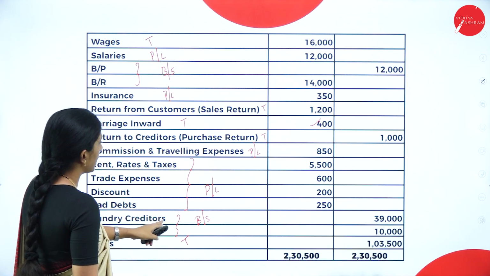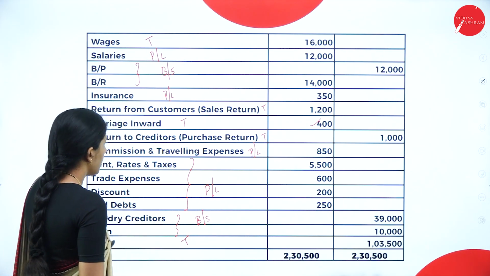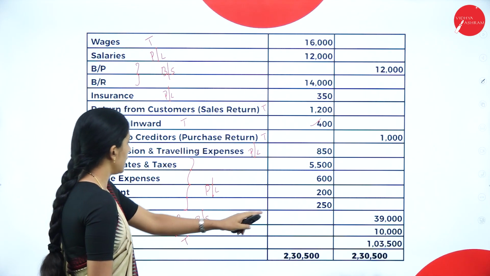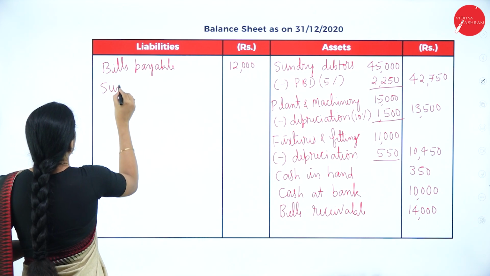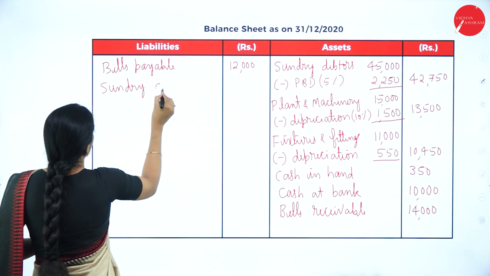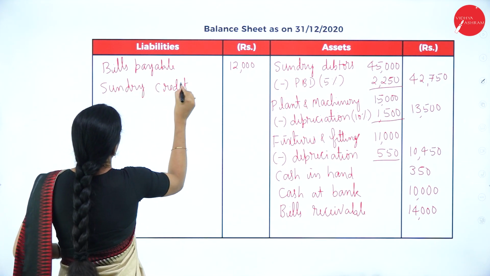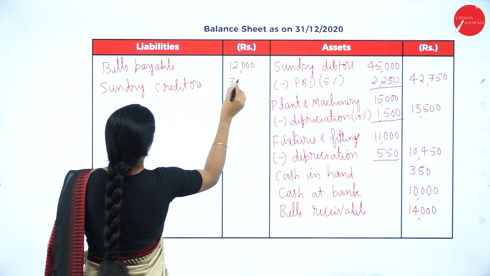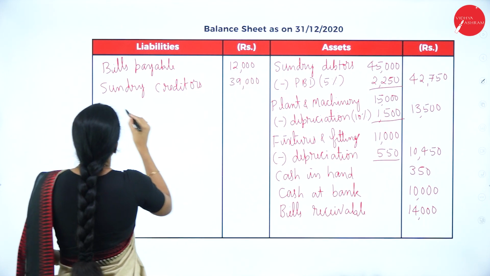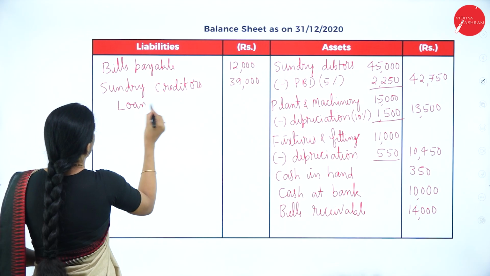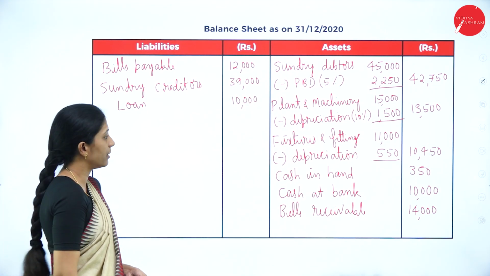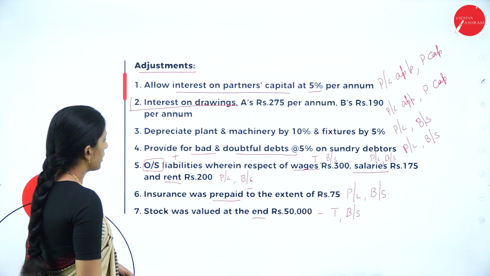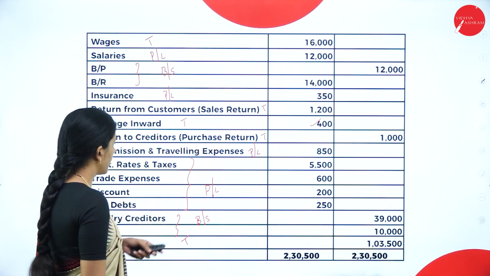Yes, we have sundry creditors 39,000 and loan 10,000. Sundry creditors 39,000. Loan is also a liability, 10,000.